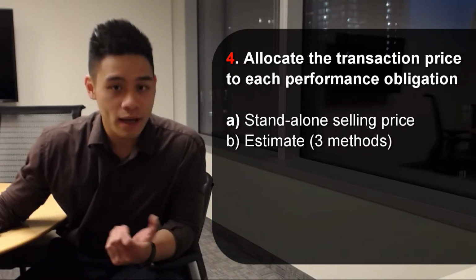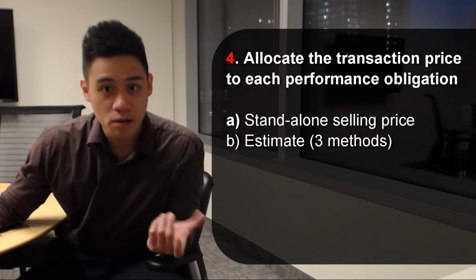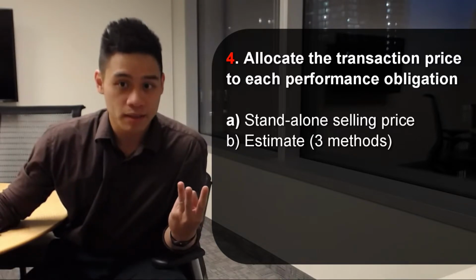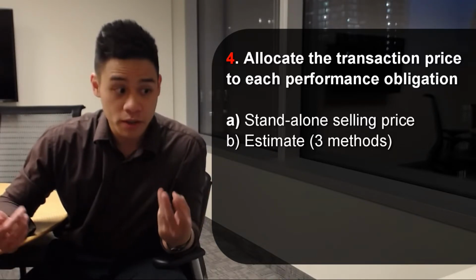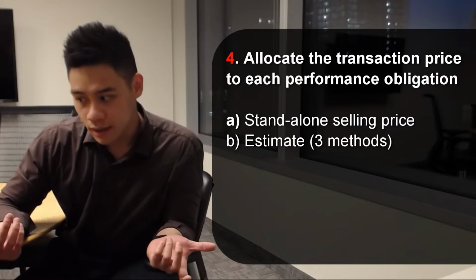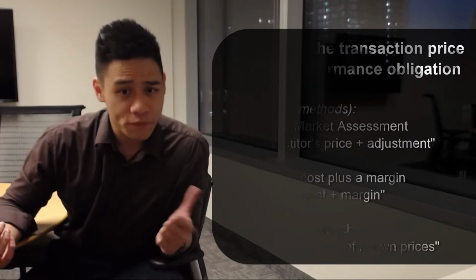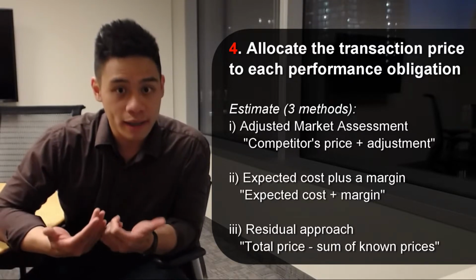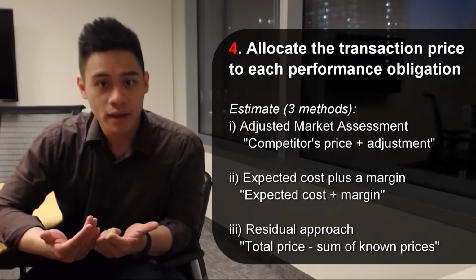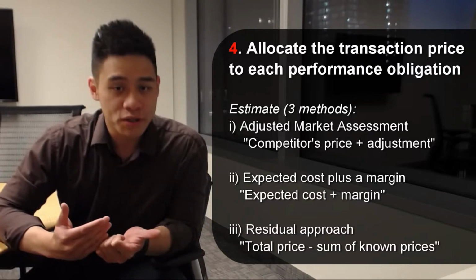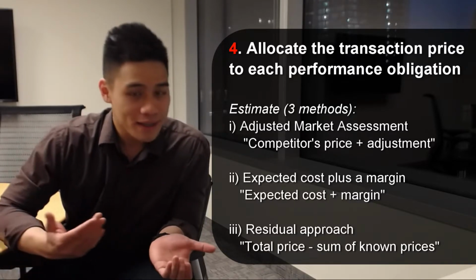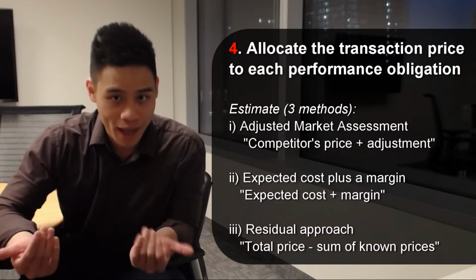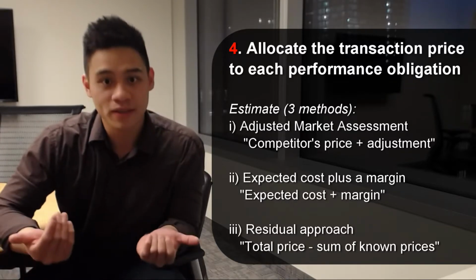So if a standalone price is not directly observable, there are 3 methods that we can use to estimate this price. First is a method called the adjusted market assessment approach. This approach is just saying, what would the market be willing to pay for these goods and services?